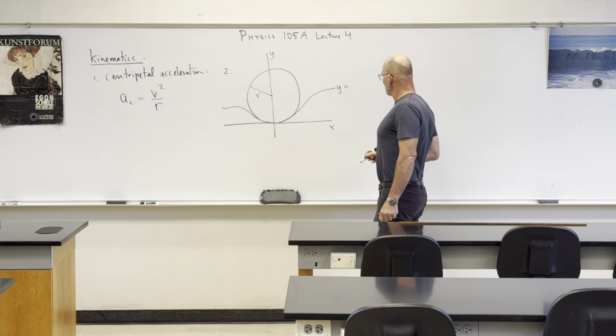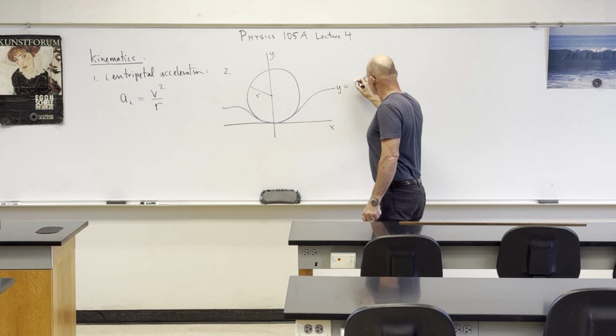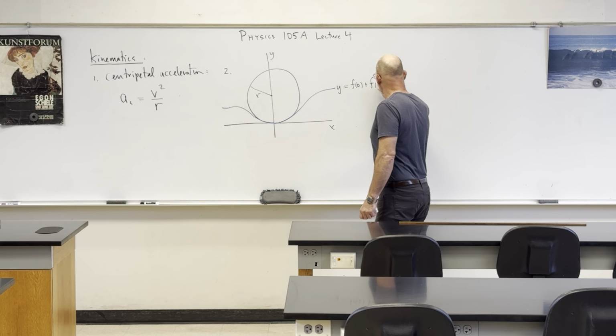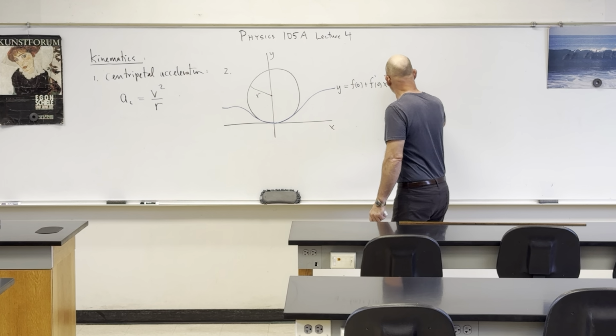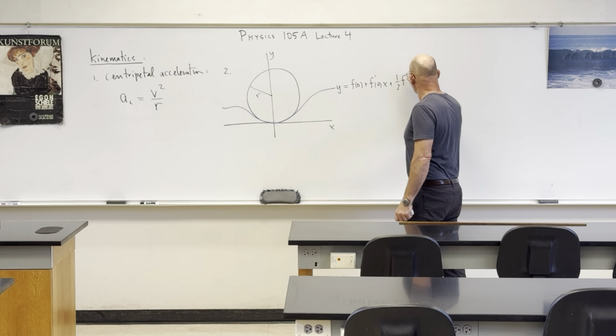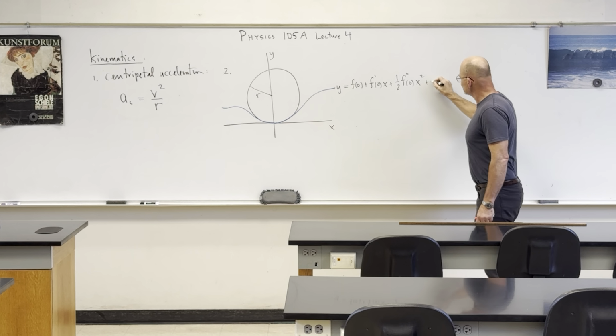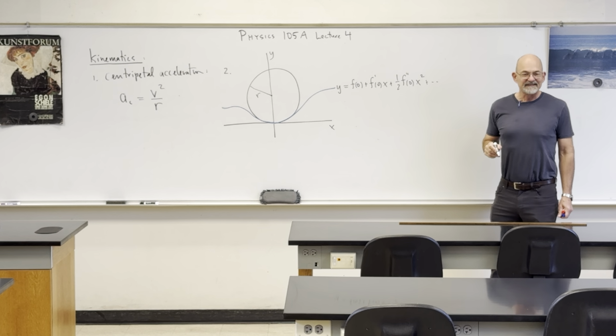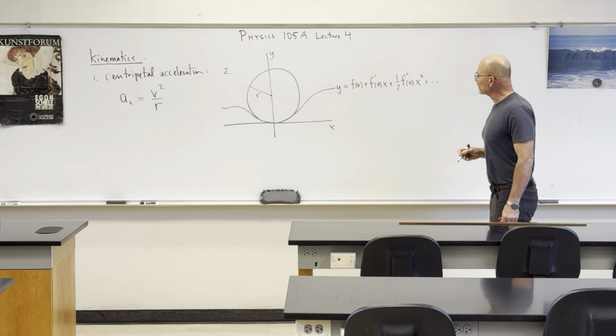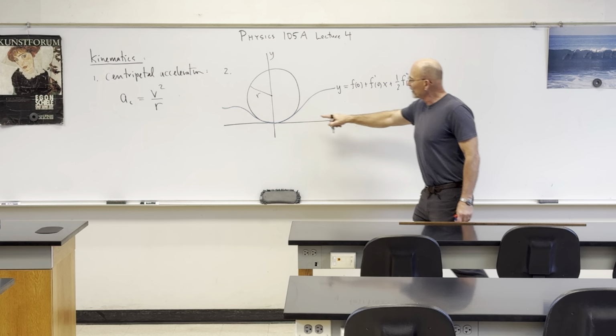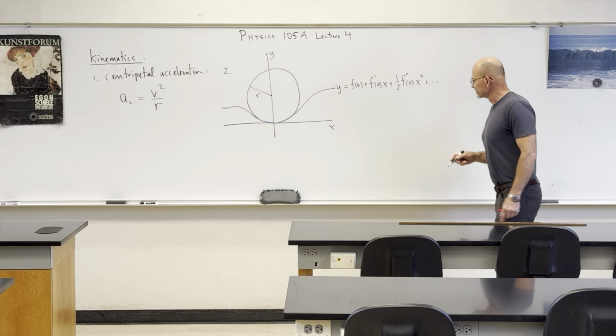If we do that, what we find is we've got this function y equals f of 0 plus f prime of 0 x plus 1/2 f double prime of 0 x squared. So that would be the series expansion, the Taylor expansion, of this particular blue curve.